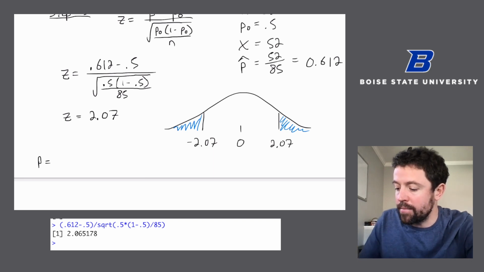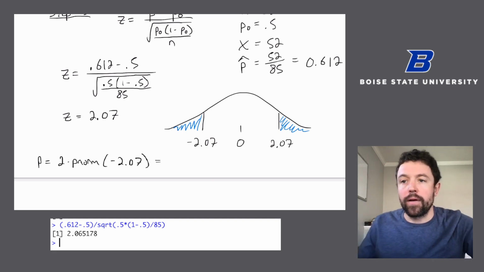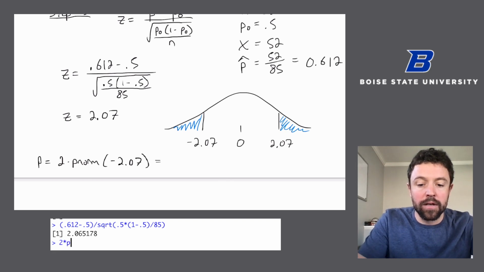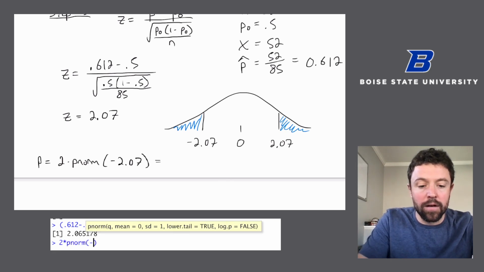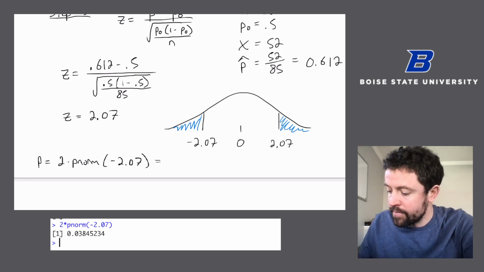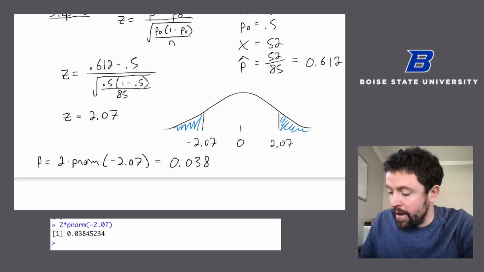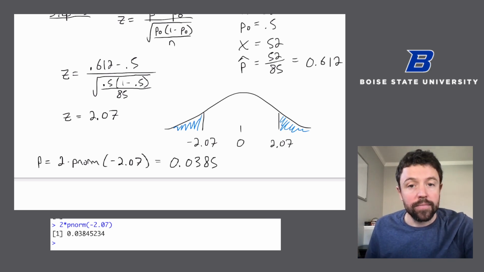And so the way I'm going to type this in is it's 2 times p norm of minus 2.07. And what do I get for my answer? I get 0.0385. So that's my p-value.